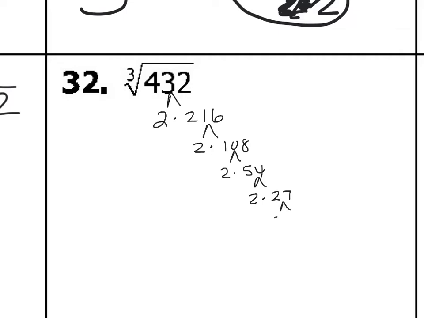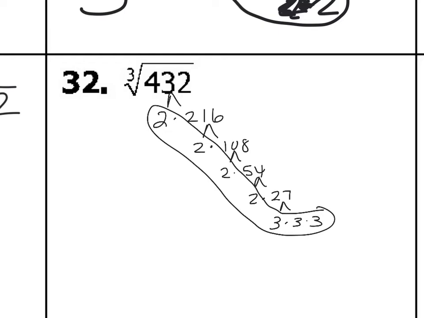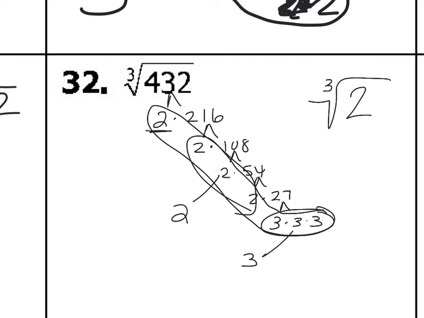And we know 27 is 3 times 3 times 3. Ooh, I got a big boot there. All right, so I got some 3's that come out as 1 3. And I got some 2's that come out as a single 2. And this little darling stays home. It's cubed root. 2 times 3 is 6.